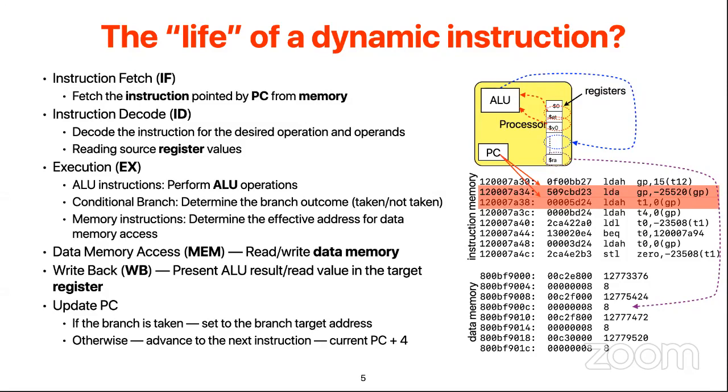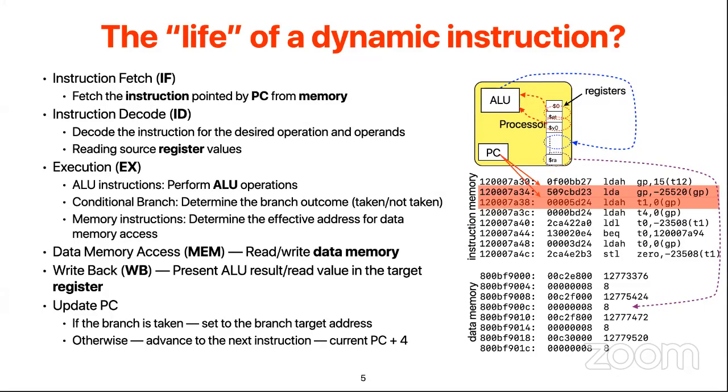So to have your program running, or say everything about performance, is regarding how your processor is going to execute an instruction. So this slide gives you the life of a dynamic instruction. Dynamic instruction means an instruction that is currently in execution.